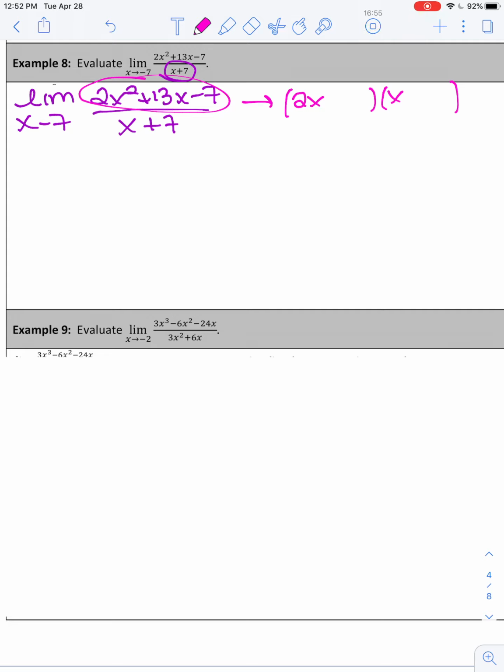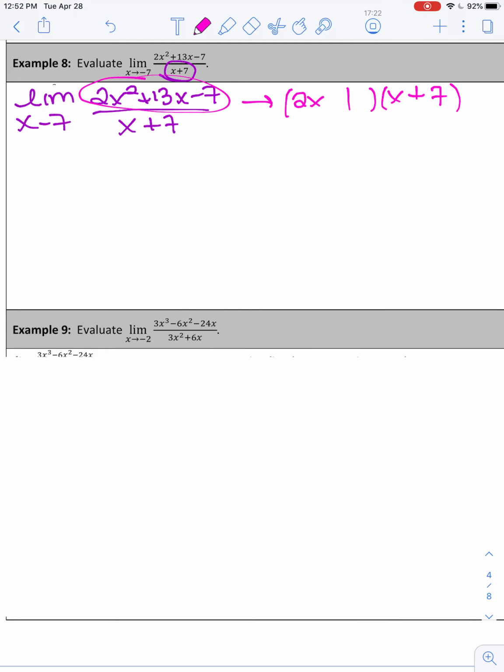And I know I'm going to have a 7 and a 1 either filling spots like that or flipped, right? I could maybe have my 7 over here and my 1 over here. Because in my denominator I have this x plus 7, I'm going to see if forcing that to be x plus 7 is going to work.